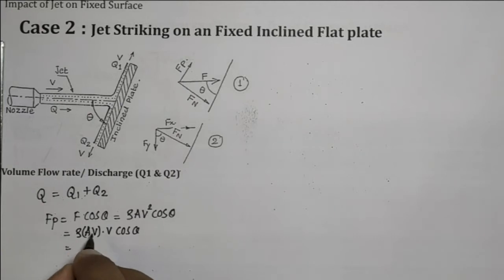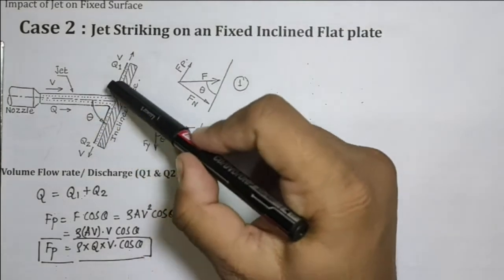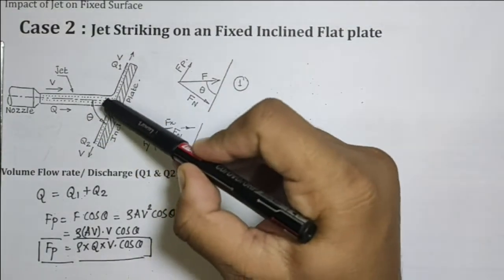AV is nothing but discharge Q, so area into velocity is what we call discharge. So we can write this equation as rho Q into v into cos theta. This is what we call Fp in the form of discharge and velocity, the total force in the direction parallel to the plate surface.